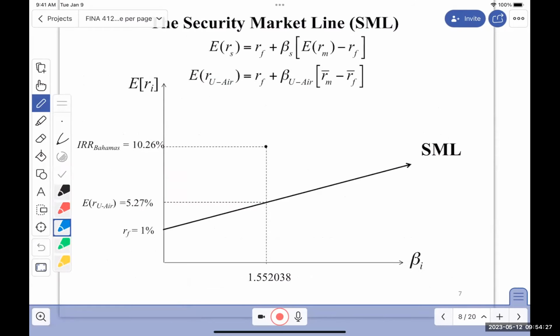So assets above the SML are out of equilibrium and they're undervalued.